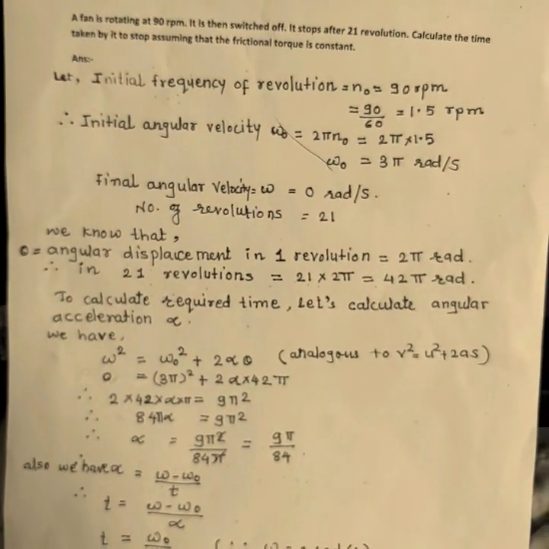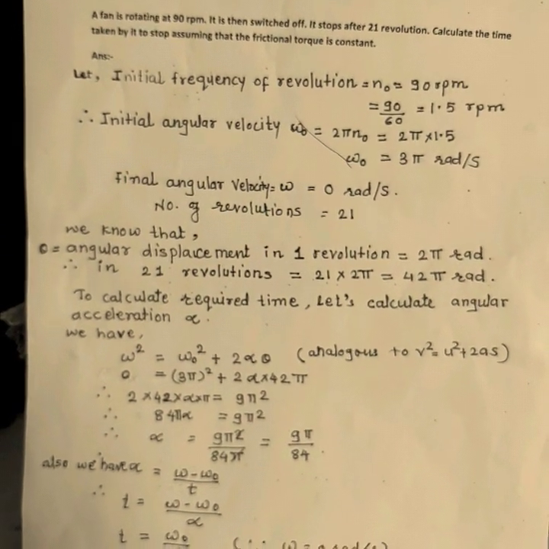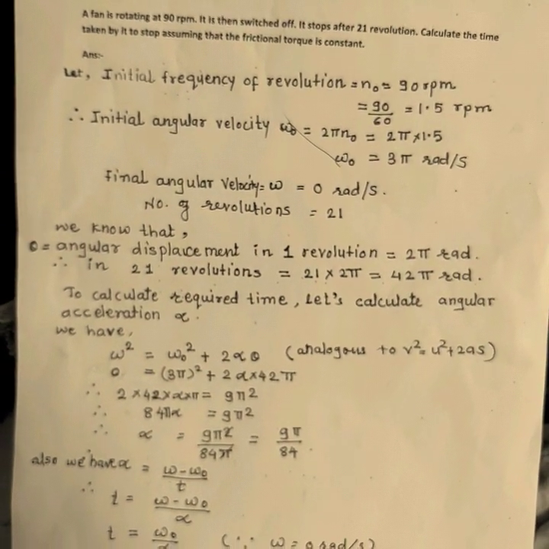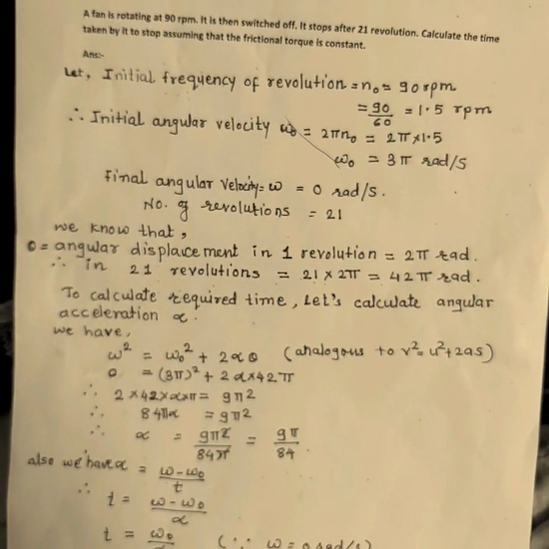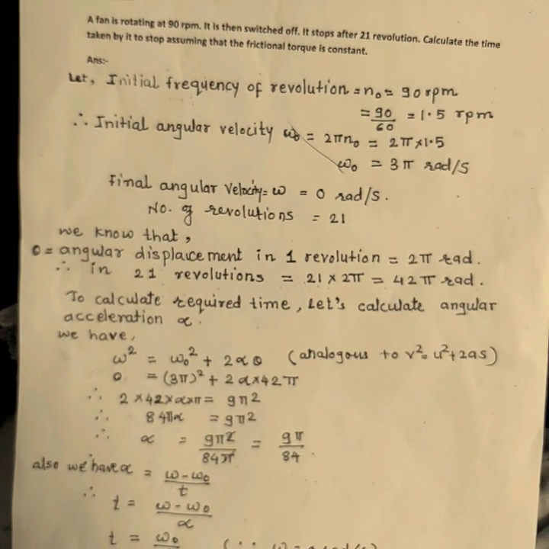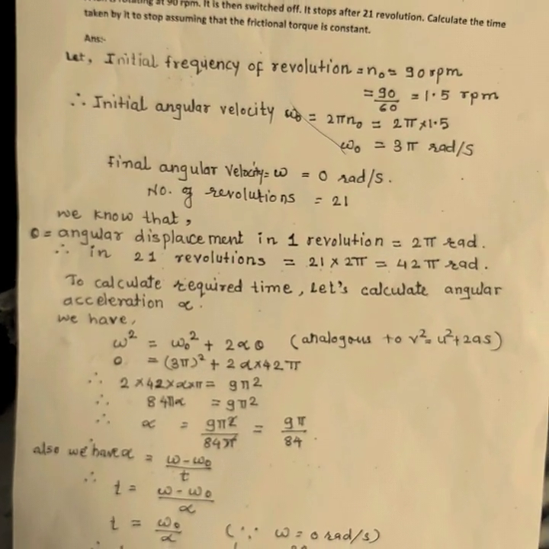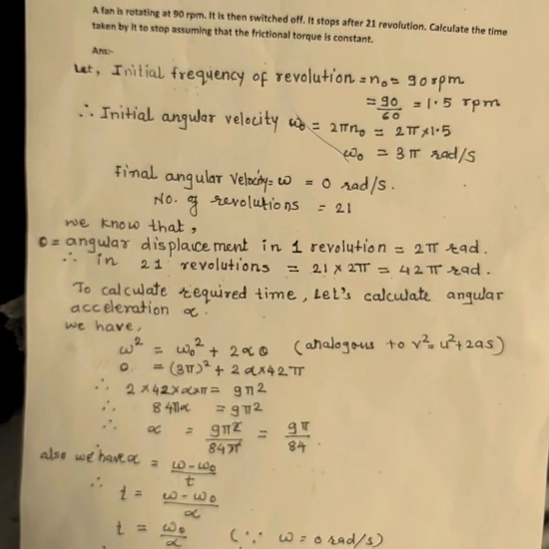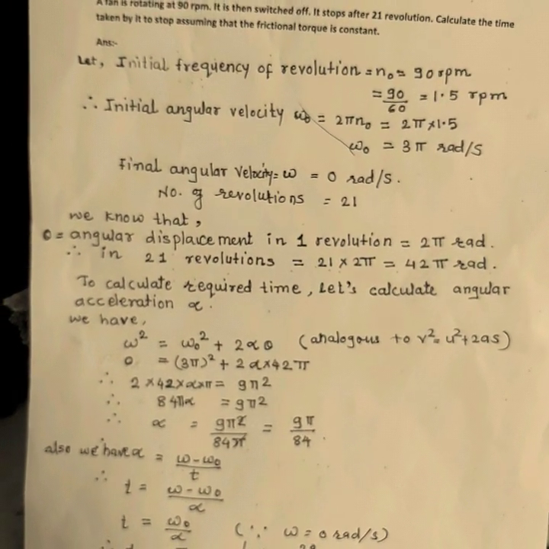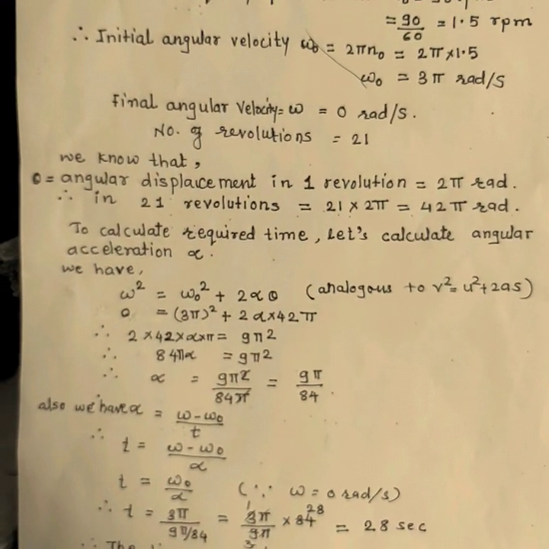So to complete one circle, we know that the angle required is 360 degrees, which is equal to 2 pi radian. So the angular displacement in one revolution is 2 pi radian. Therefore in 21 revolutions, it is equal to 21 into 2 pi, which is 42 pi radian.